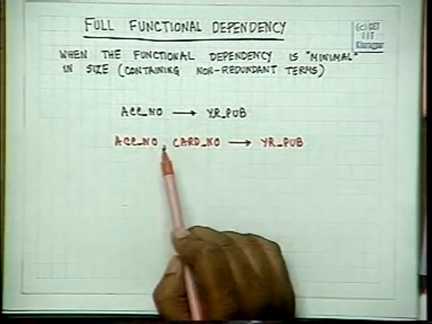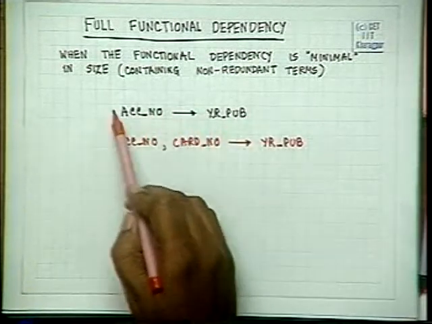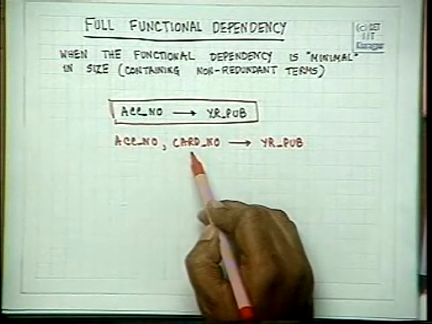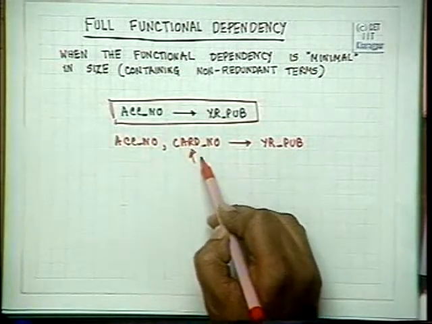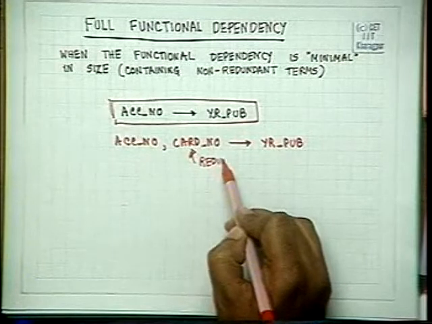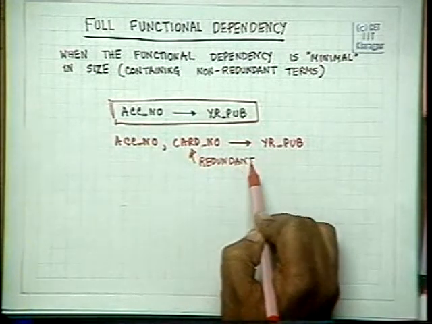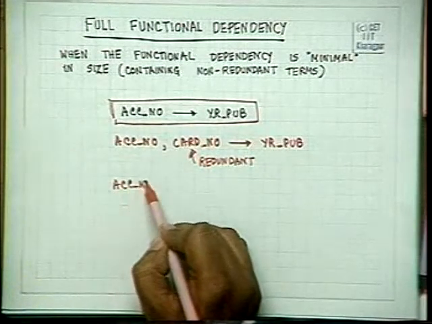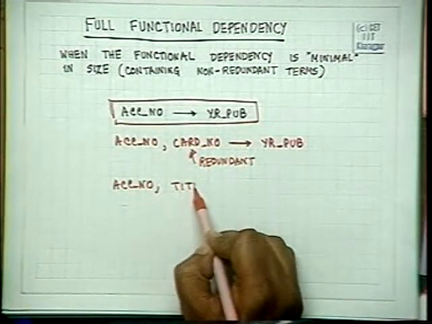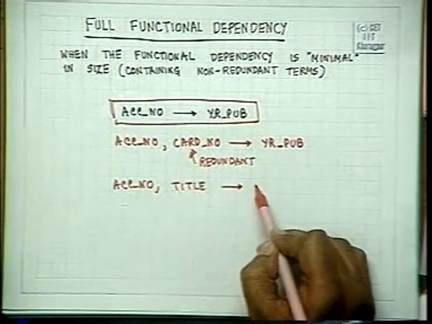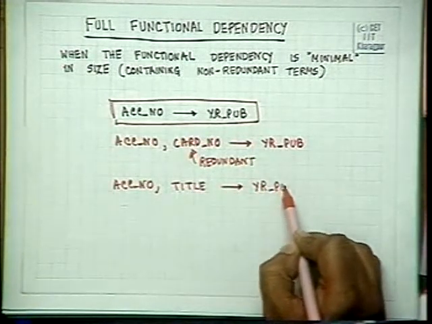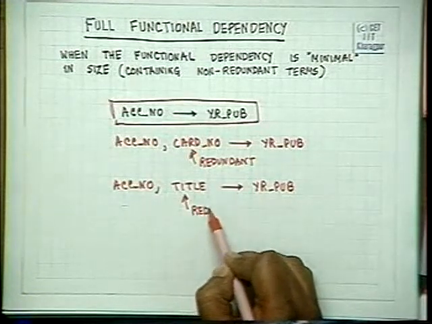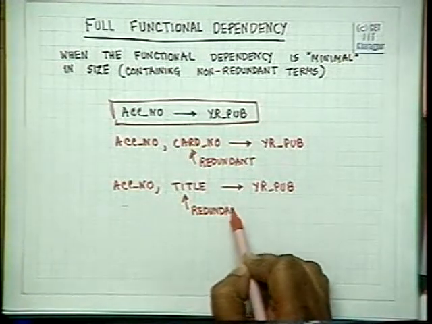Moreover, this one which is a subset of it already exists, therefore in any way card number is redundant. And even if it holds in a particular relation and you write down accession number comma title to year of publication, here also title is redundant even though all of them are in the book relation.